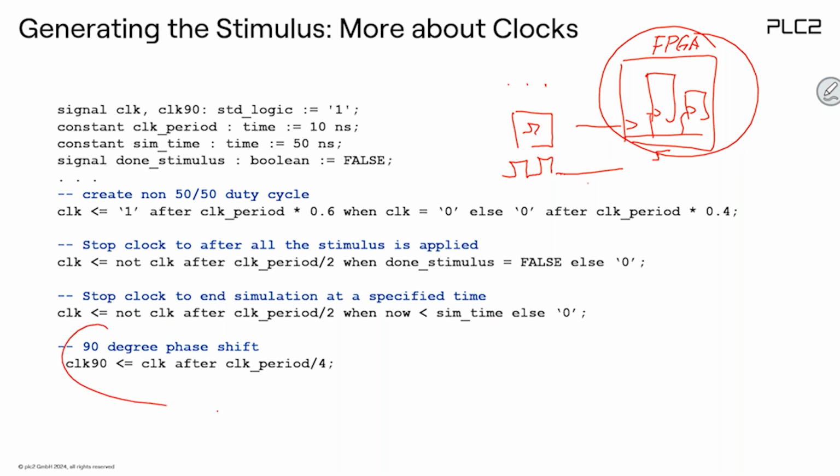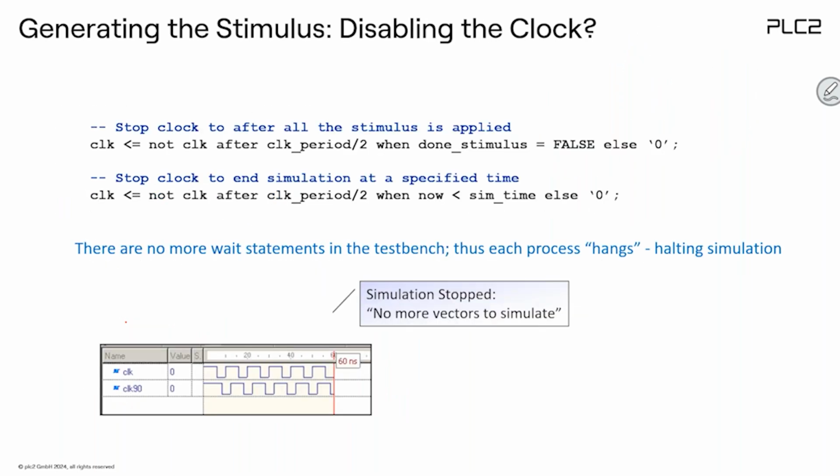Okay, and that will be in this case a 90-degree shift for the clock, just to shift it, maybe to define some other specific things. So disable the clock again. Why is this good?